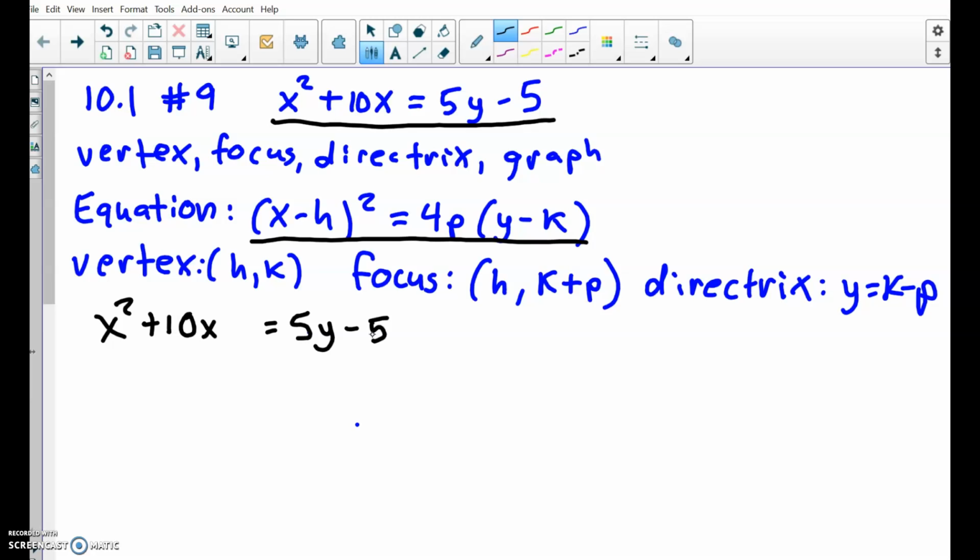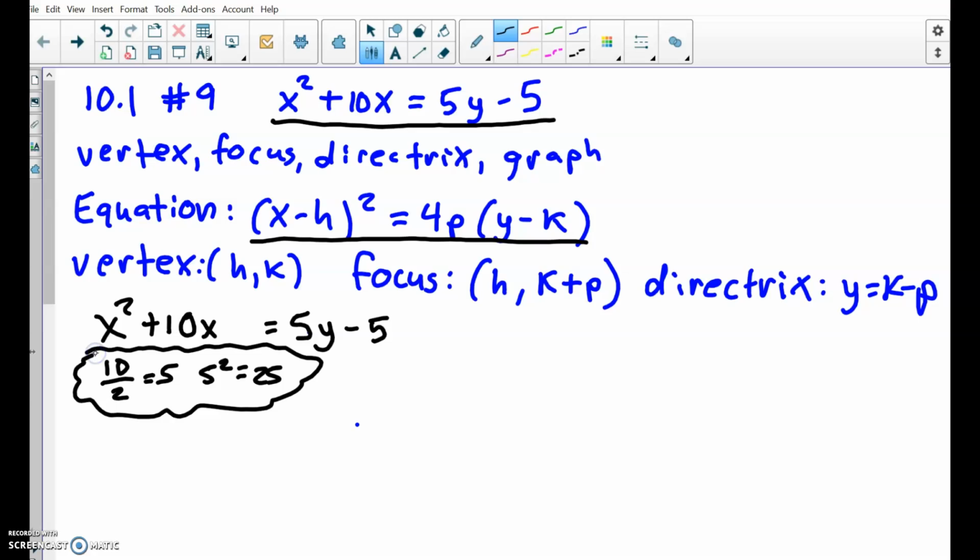Okay, so on the left hand side, to complete the square, we want to take the middle term 10 and divide it by 2 and then square it. And that's what we're going to add to both sides of our equation.